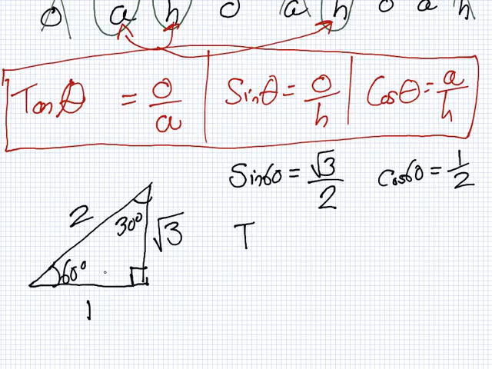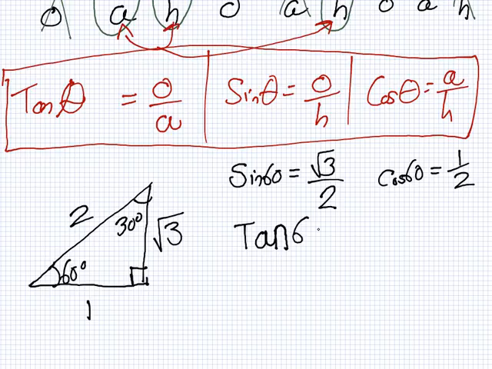What is tan 60 here? Root 3 over 1, which is root 3. What's sine 30 in this one? It'll be 1, because this is the opposite, 1 over 2. What's cos 30? Root 3 over 2.